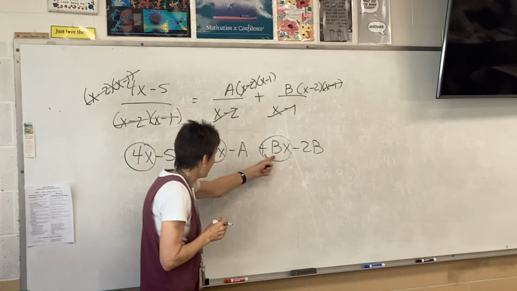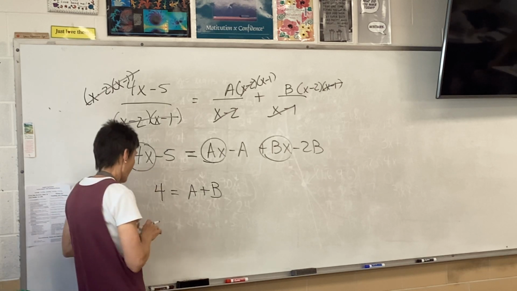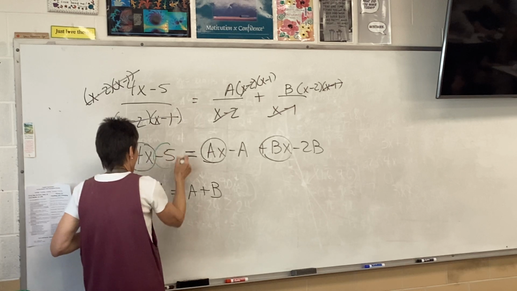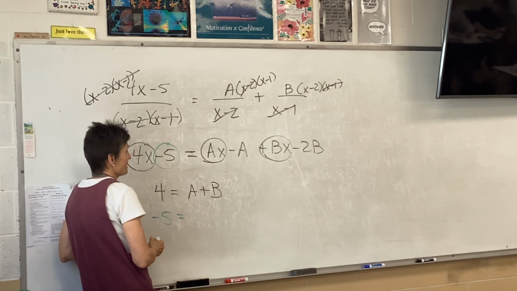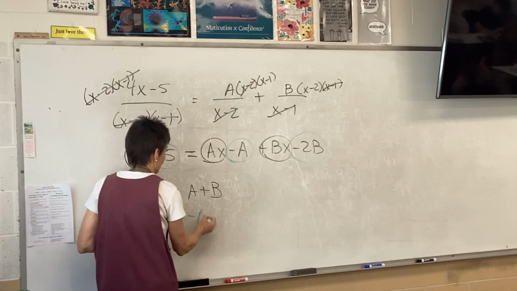Whatever these numbers are would have to total up to 4. And likewise, this guy, which doesn't have an x, has to be the same as this guy and this guy added together.